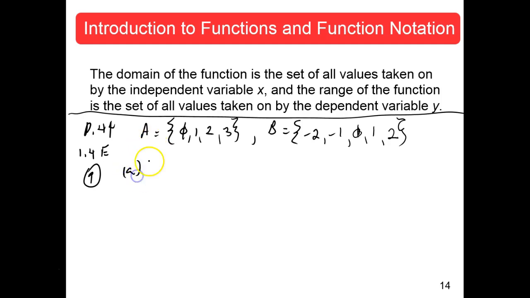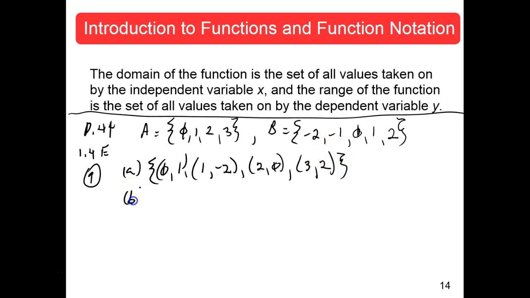It's going to take me a while to write these. The first is the set (0, 1), (1, -2), (2, 0), and (3, 2).